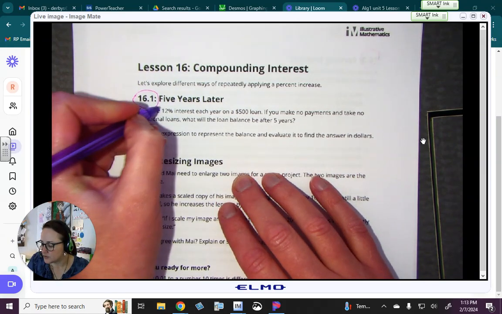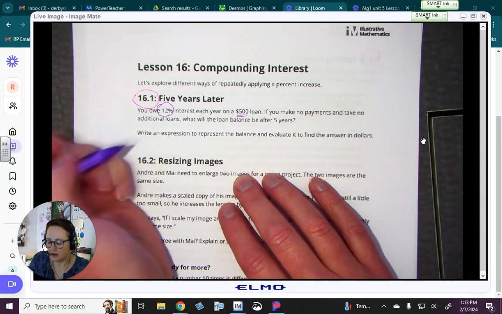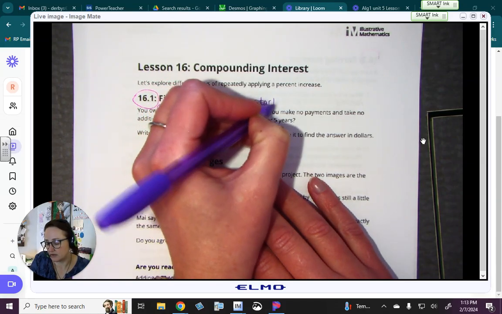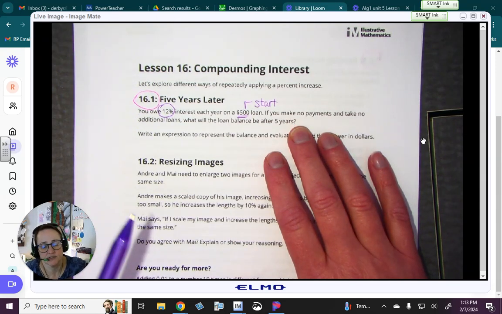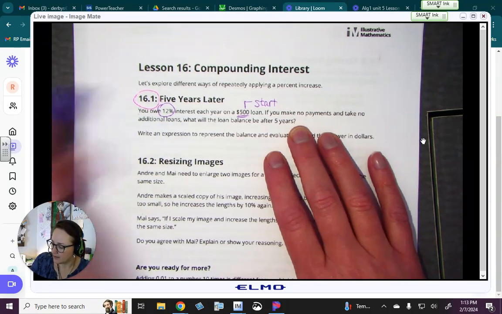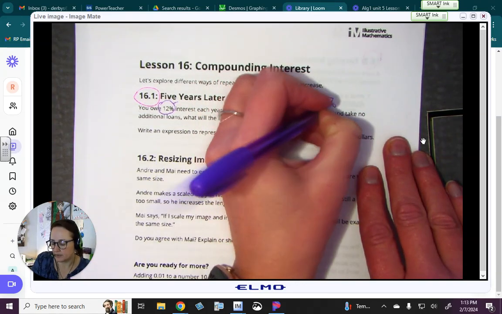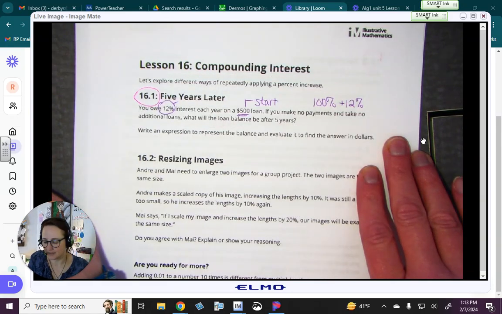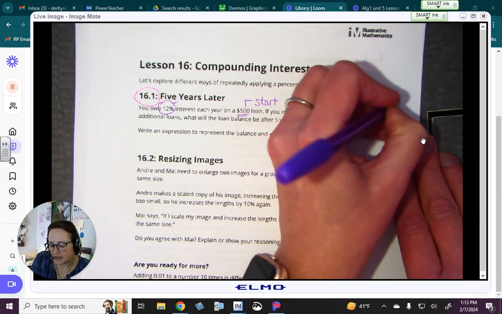So let's say that we owe 12% interest each year on a $500 loan. That $500 is the amount that we started with, the starting amount of the loan. So if we borrow $500 and we pay 12% interest on top of that, that means that we are paying 100% of what we borrowed plus 12% interest on top of that amount, giving us a total of 112% every year.